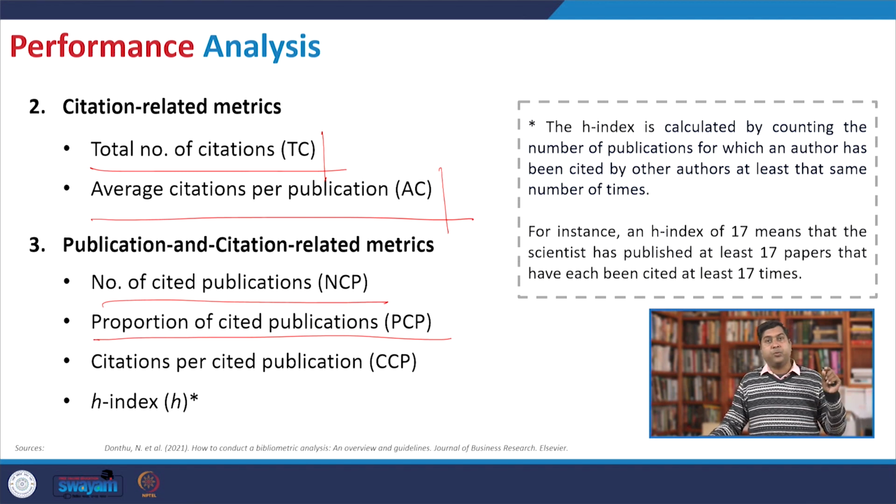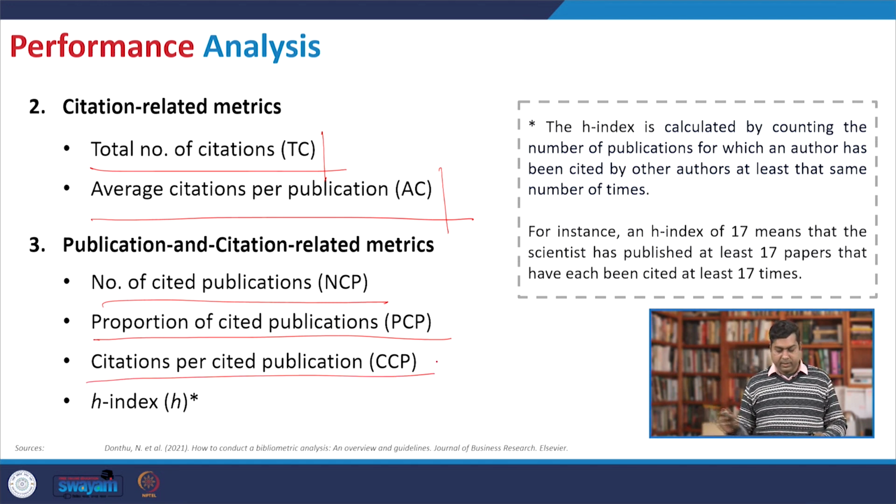In this case, the proportion matters: if there are a total of 100 papers published in that journal and out of that 20 papers have citations. This also gives you some idea whether this journal is good, whether we should consider it, or whether we should look for something else.